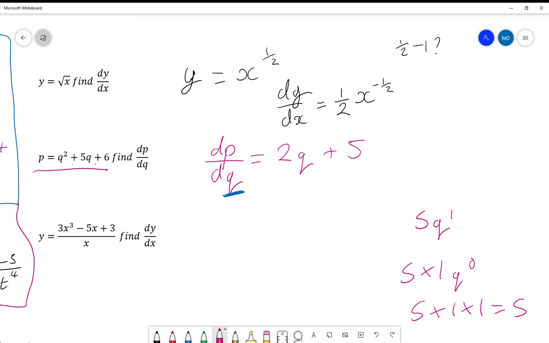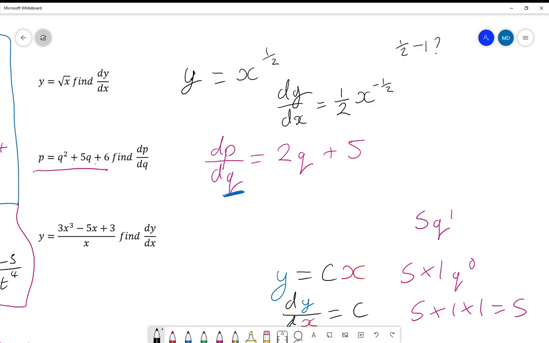And again, that's another rule that people like to remember. If you've got y equals just some constant times x, then dy by dx is going to be just that constant.